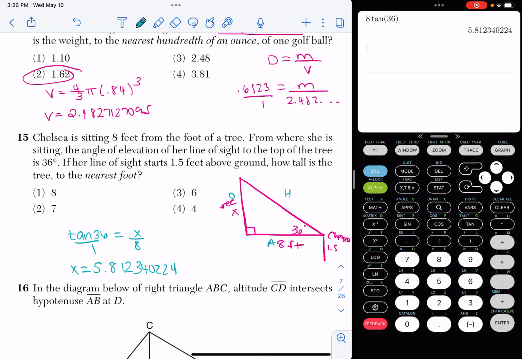Notice that looks like it's going to be choice 3. However, we have to add this 1.5 to it. So let's add 1.5, and I get 7.3 approximately. So to the nearest foot, that's 7.